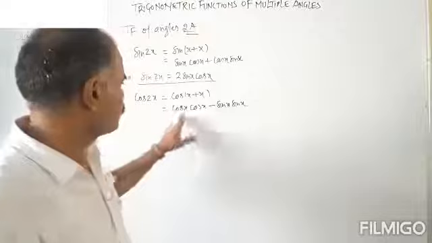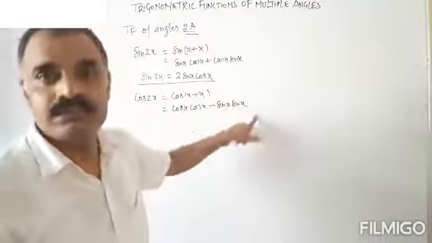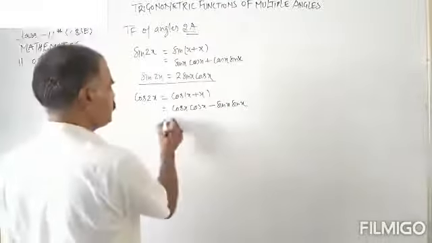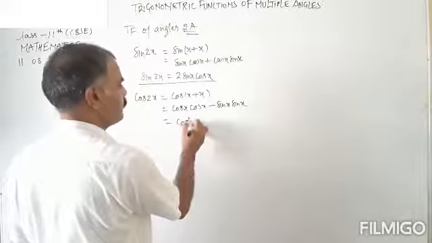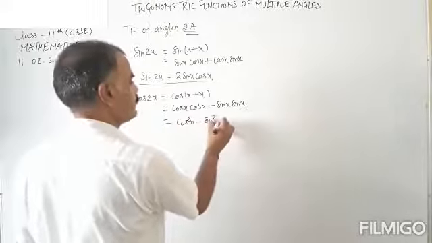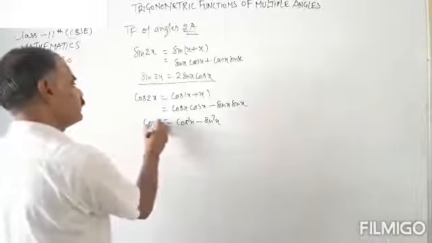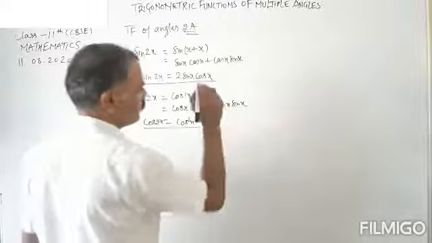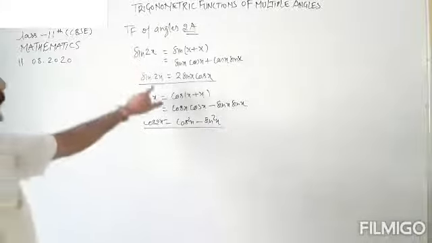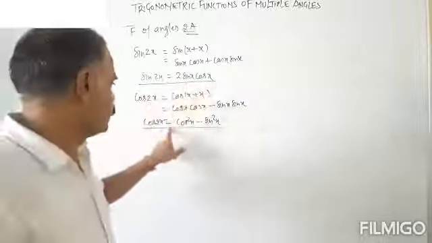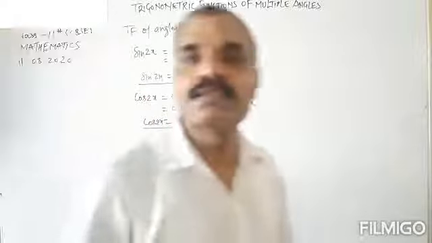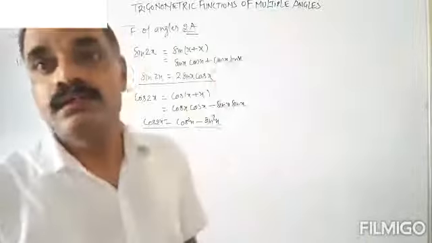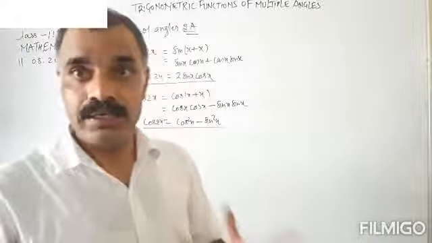So this is equal to cos square x minus sine square x, and this is the formula of cos 2x. So sine 2x equals 2 sine x cos x, cos 2x equals cos square x minus sine square x.